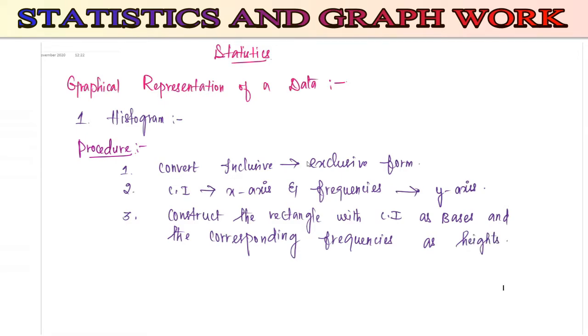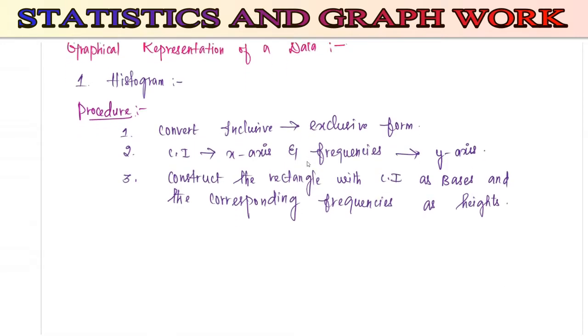Okay, now I am going to give an example of how to draw the histogram. I am going to take the exercise problem, Exercise 18b, the fifth one. Draw frequency polygon for this distribution.